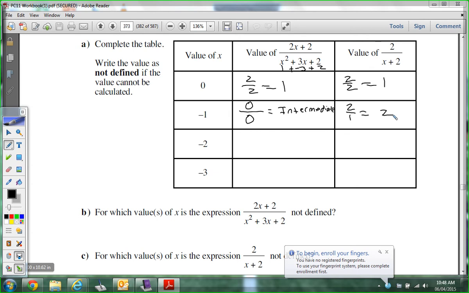Does anyone take a guess why -1 gave you 0 over 0 based on what we just did on the previous page? Looking at that previous breakdown, what did we cancel? When we factored this out, what canceled?